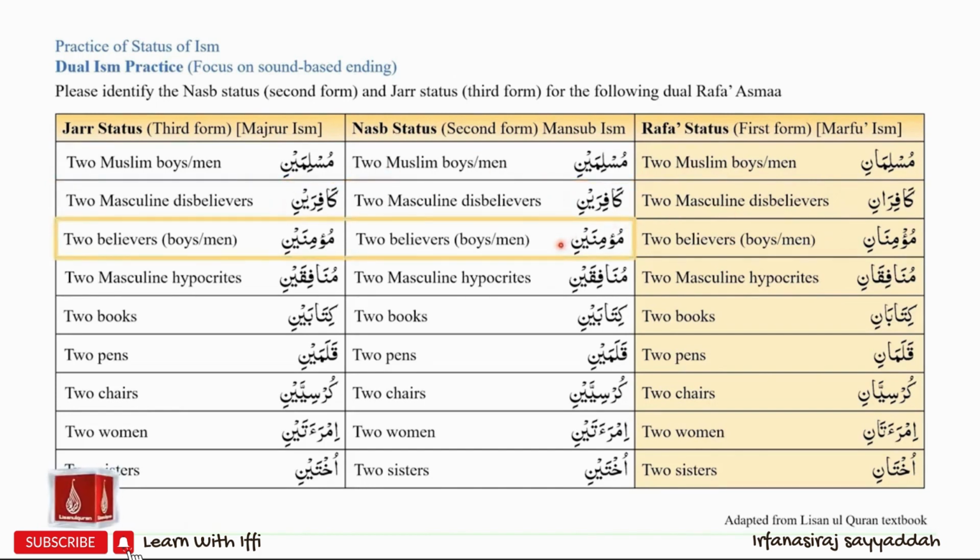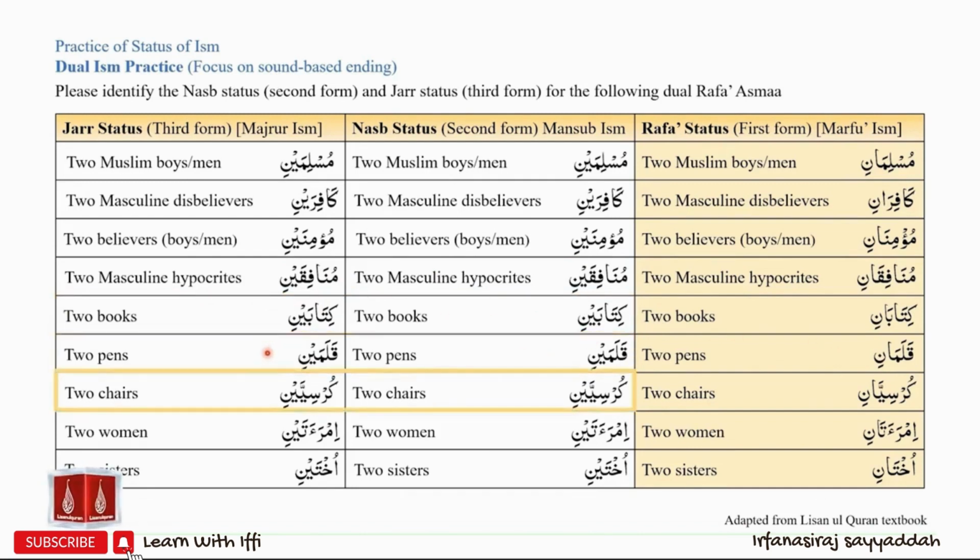Mu'minani, Mu'minaini. Munafiqani, Munafiqaini. Kitabani, Kitabaini. Qalamani, Qalamaini.